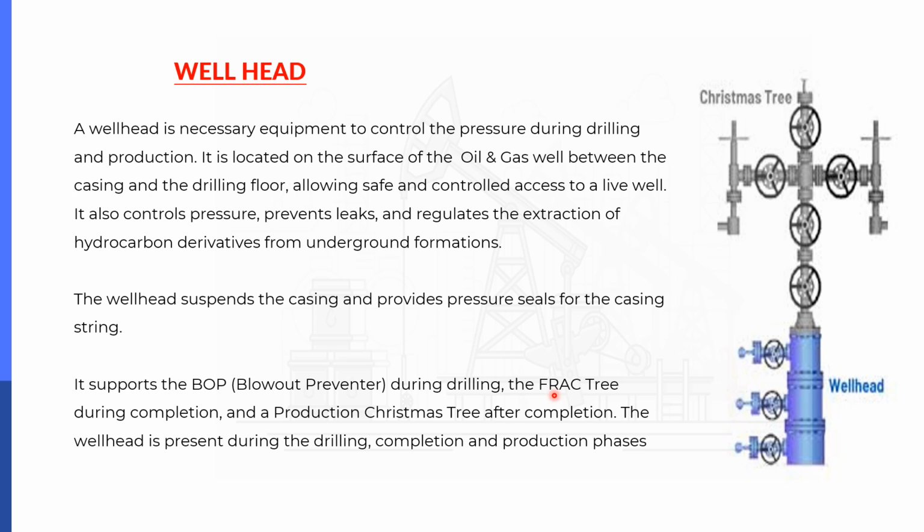Hopefully we will see this in later sessions. The Christmas tree is installed after the completion, in the production phase of the well. The wellhead is present during the drilling, completion, and production phases. So this is the wellhead.